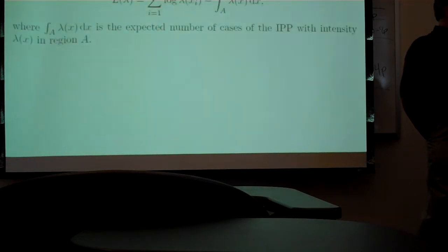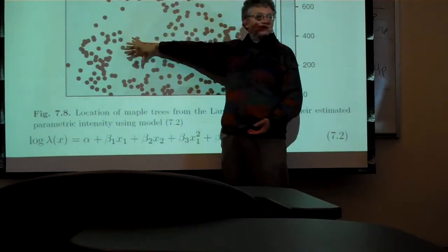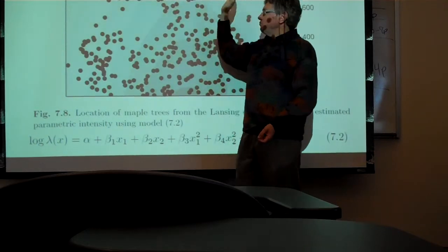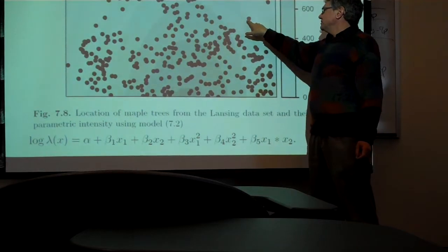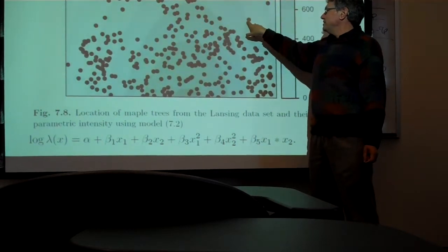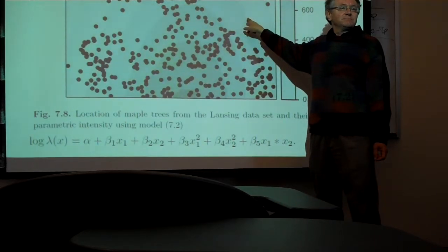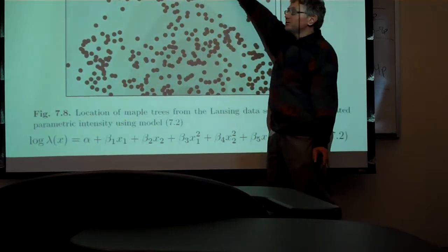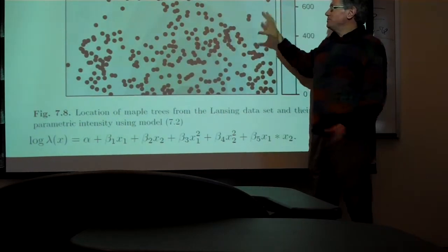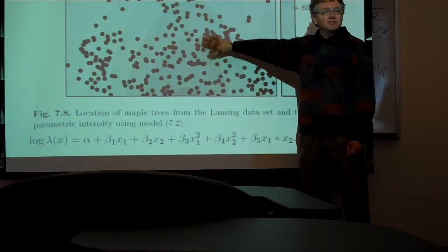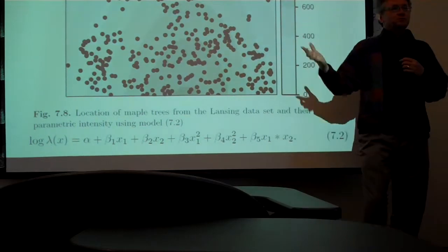Given that there's some spatial variation in lambda, once you've got that, the probability of getting a point here is independent of whether there's already a point there. So there's spatial dependence on the background field, on the intensity function, but there's no dependence between the individual events.